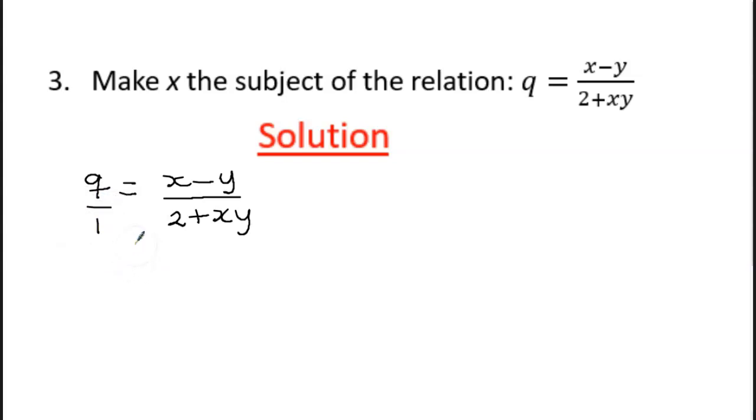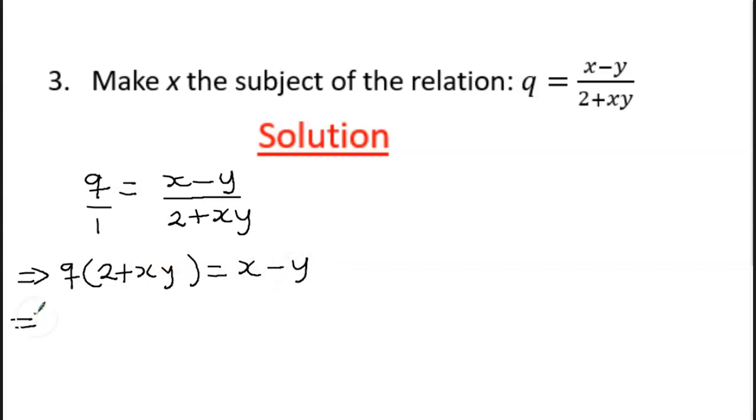Now the LCM becomes this one, or 1 times this is the same as that. And there is another way. When you have it this way, you cross multiply. So this implies that Q times (2 plus xy) is equal to x minus y.